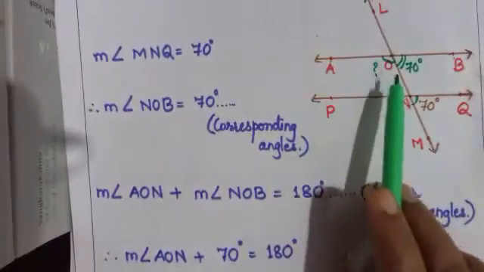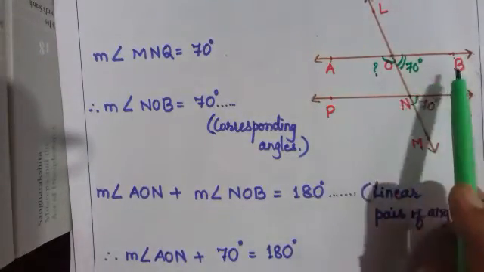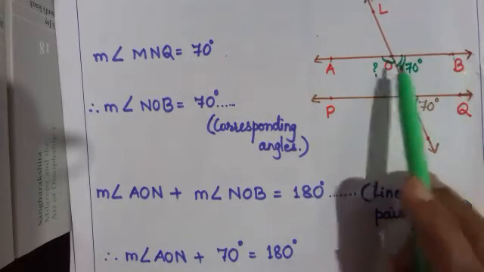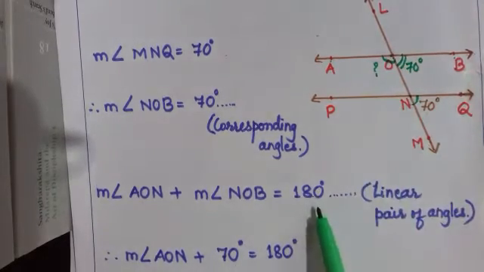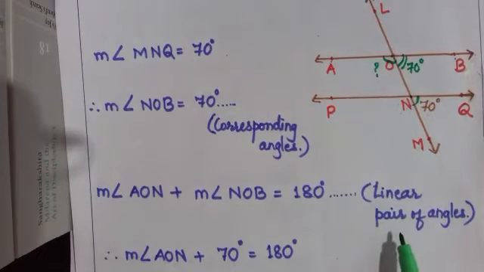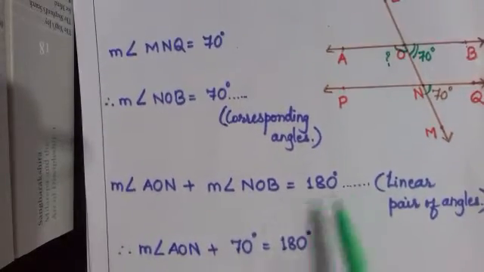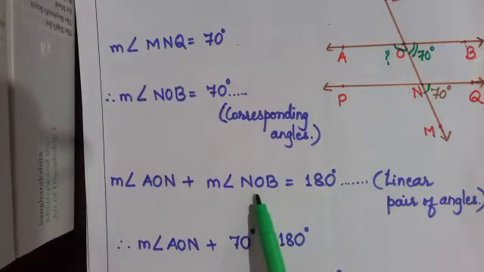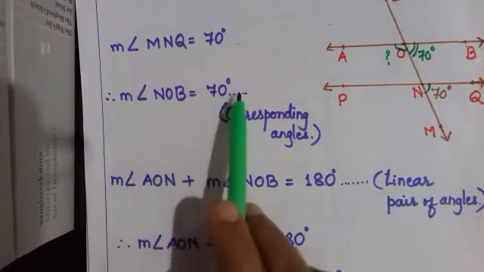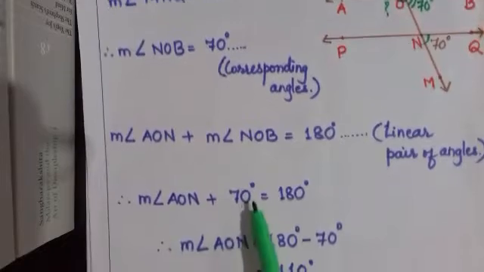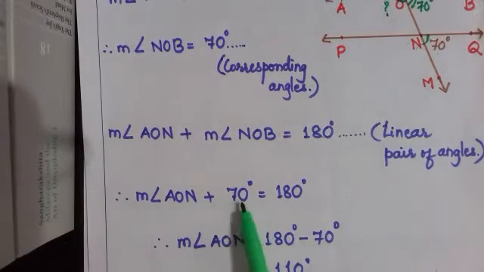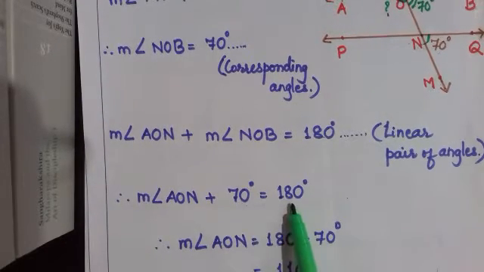Angle AON plus angle NOB is equal to 180 degrees because they are a linear pair and measure of a linear pair is 180 degrees. In this way we will substitute the value of angle NOB. What is NOB? 70 degrees here in the equation. So angle AON plus 70 degrees is equal to what? 180.